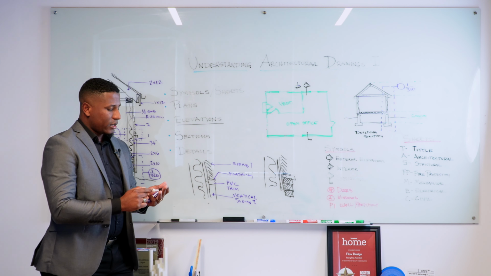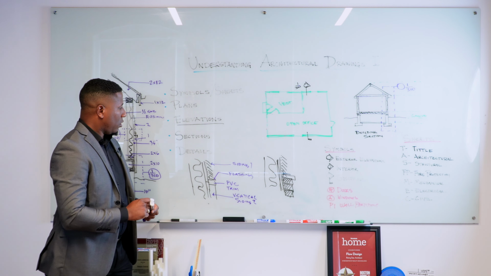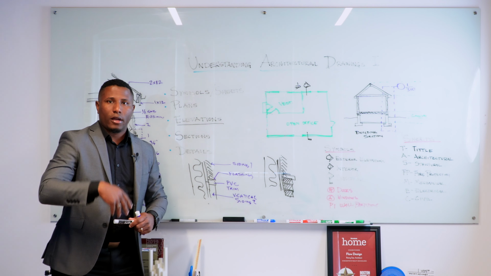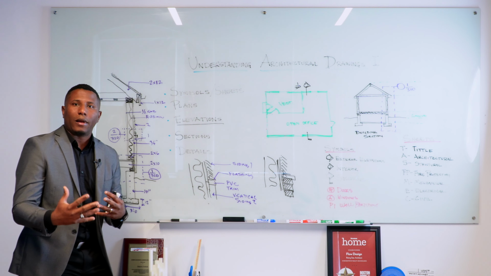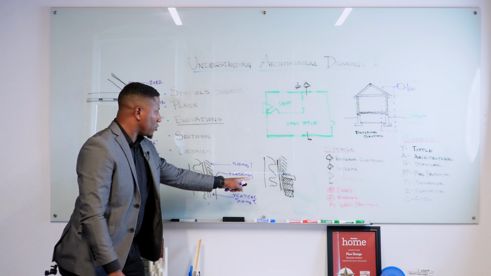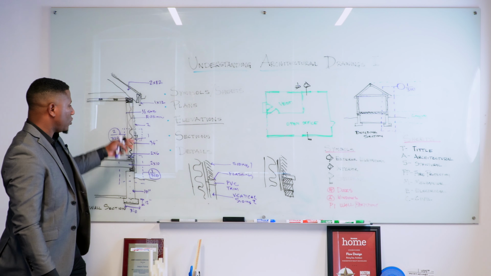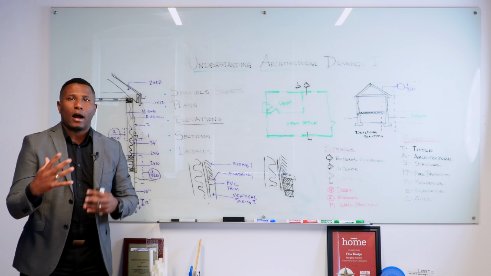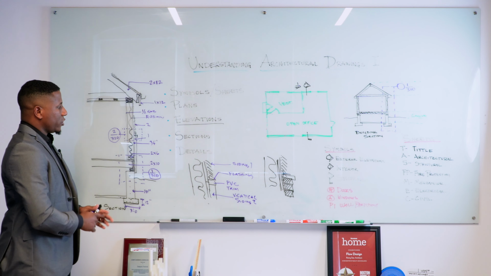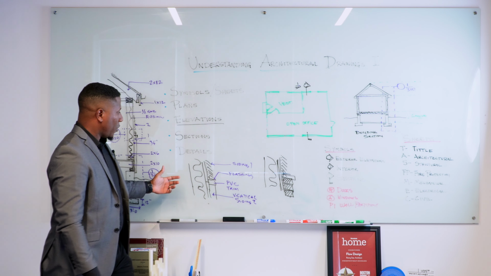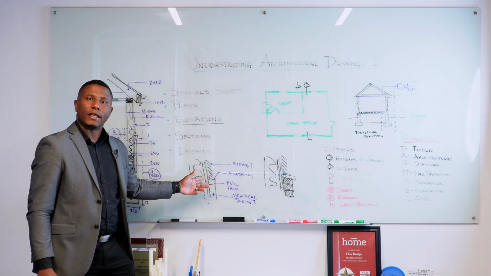So this is the importance of asking, okay, hey architect or hey designer, how are you planning to deal with this transition between these two different materials? How does that detail look? And then in the architectural drawings, we can specify, okay, we could either do two types of siding.